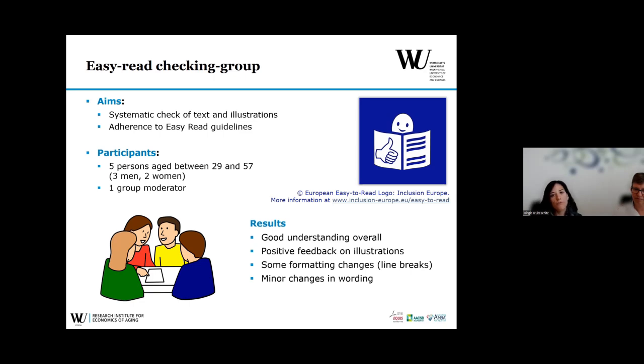There were some minor formatting changes that they suggested, and we changed those things as well, like line breaks at certain parts, and some minor changes in wording. And at the end, we fulfilled all the requirements so that we can use the European easy-to-read logo provided by Inclusion Europe for the questionnaires.